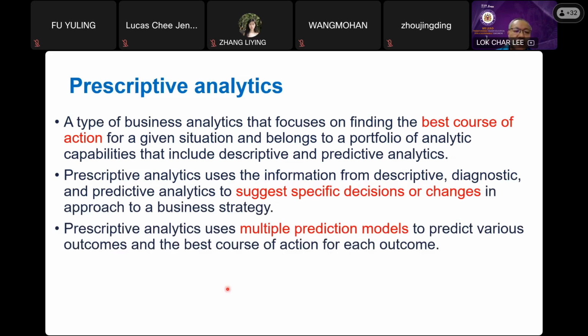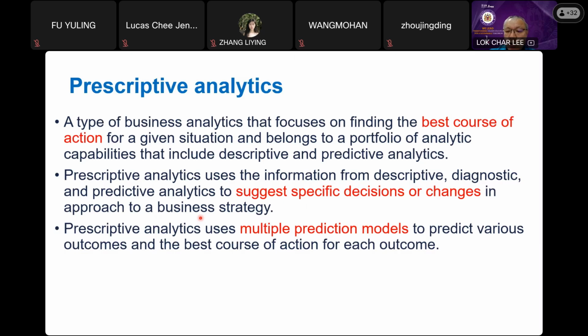It is a type of business analytics that focuses on finding the best course of actions for a given situation, and belongs to a portfolio of analytic capability that includes descriptive and predictive analytics. So prescriptive analytics uses the information from descriptive, diagnostic and predictive analytics to suggest specific decisions or changes in approach to a business strategy.